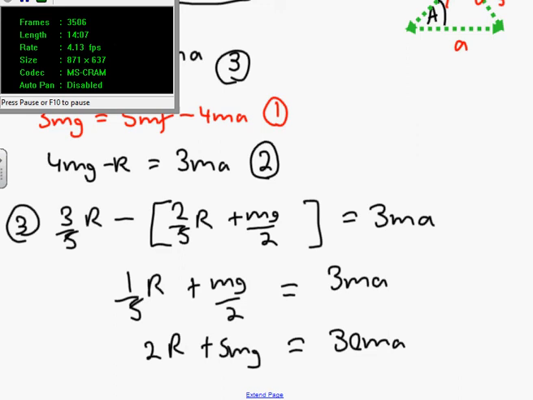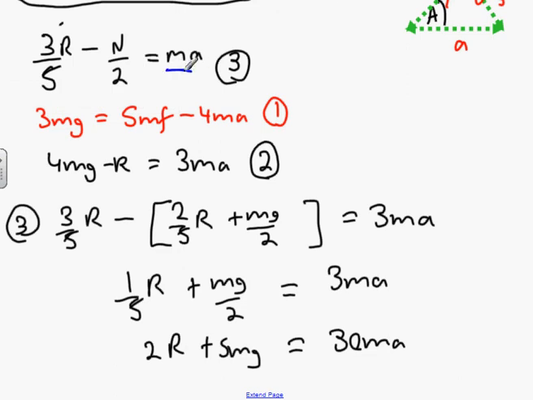Just quick mistake in there, guys. It's actually ma, not 3ma. So I had to get rid of that there and that there. And instead of being 30, it's 10, right? Okay, thank you. So that's an equation there. Now this equation has A and R as its variables.